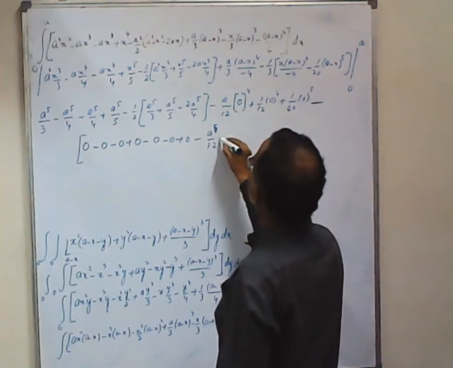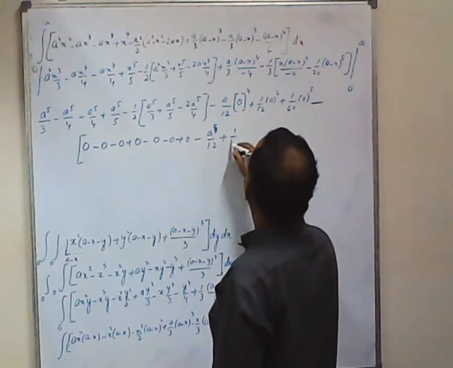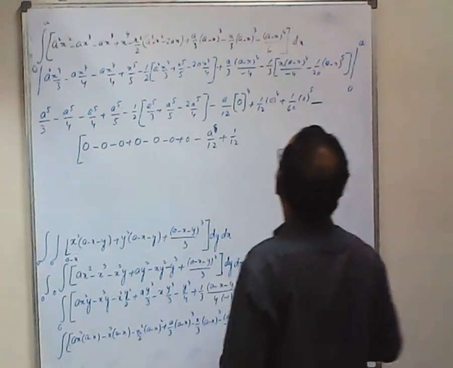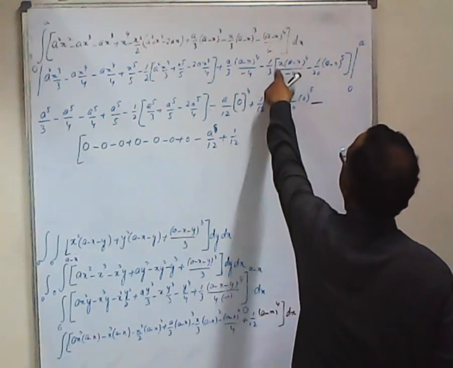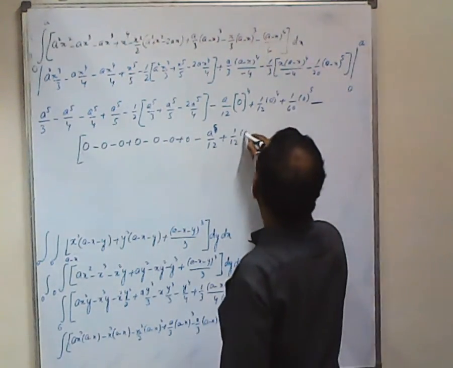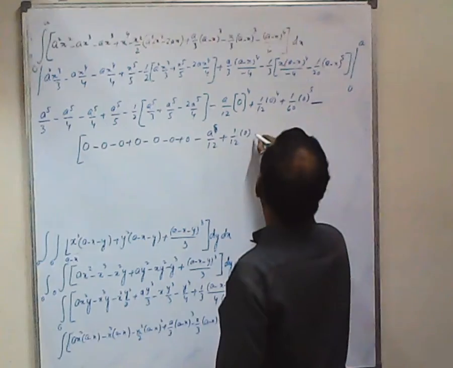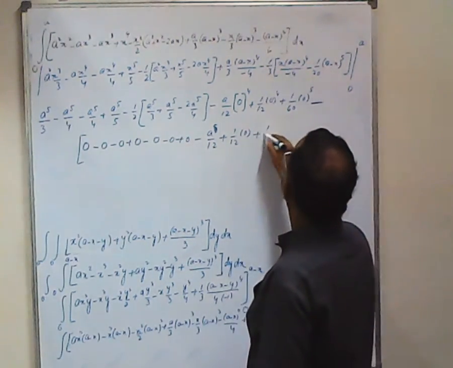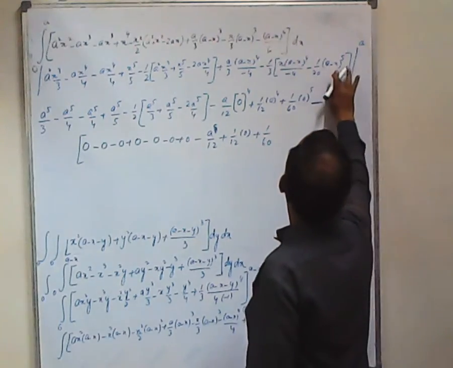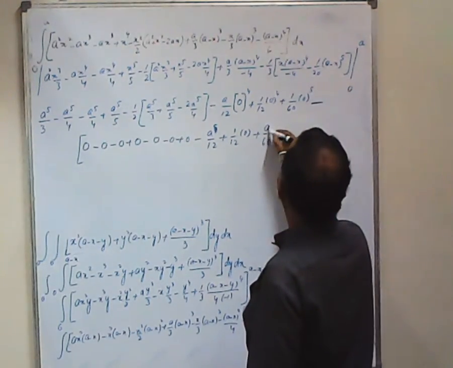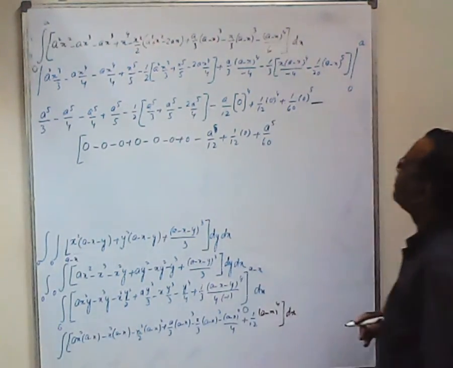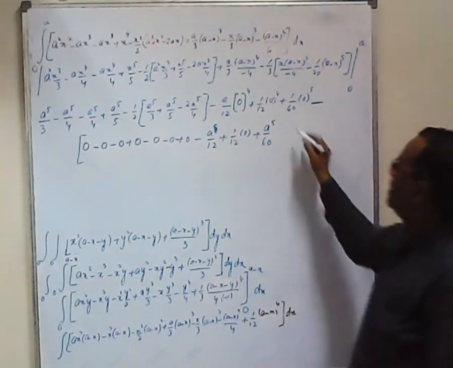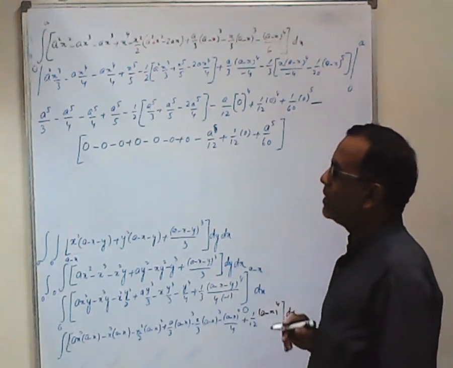Then minus plus 1 upon 12 here. Then we have 0, so the whole term will be 0. Then minus plus 1 upon 60, and then is 0, so a power 5, and finish this one.